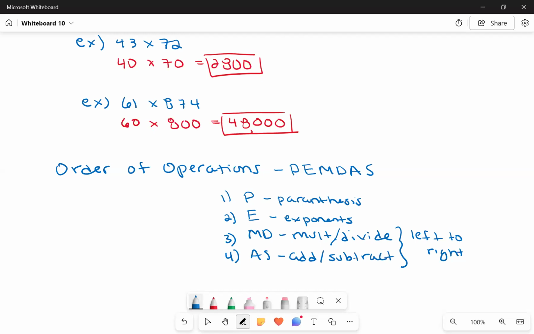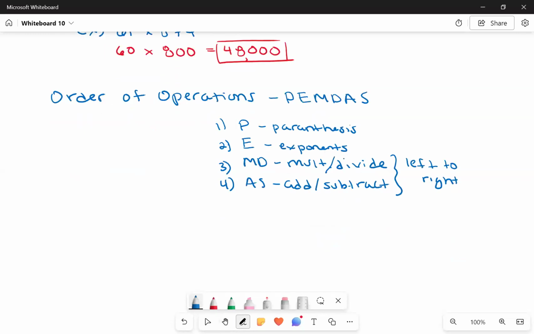It's whichever one comes first, left to right. And that throws people all the time. If you have looked at any sort of social media that does these calculation things, it's almost always having to do with order of operations and not taking into account that multiplying and dividing and adding and subtracting are equal in priority. It's whichever one comes first, left to right.